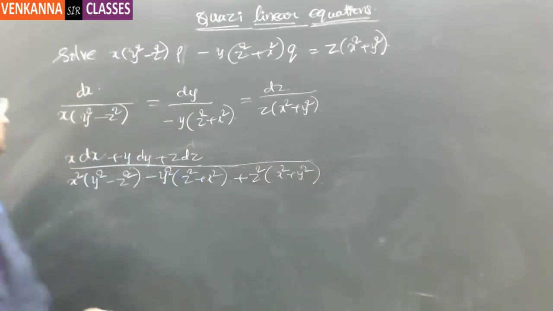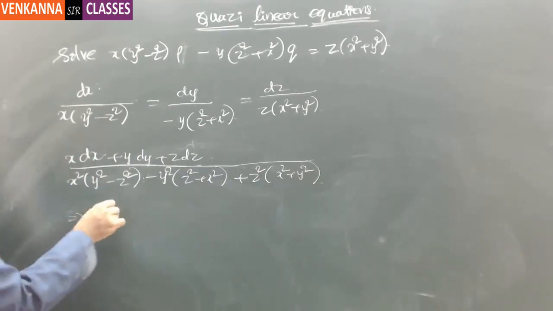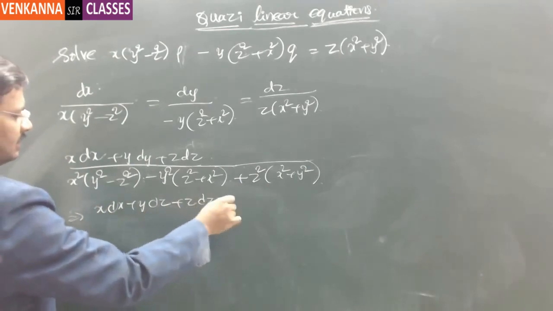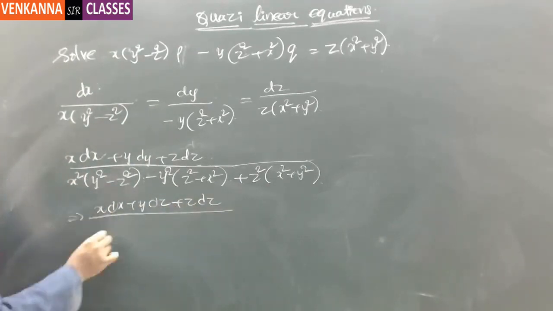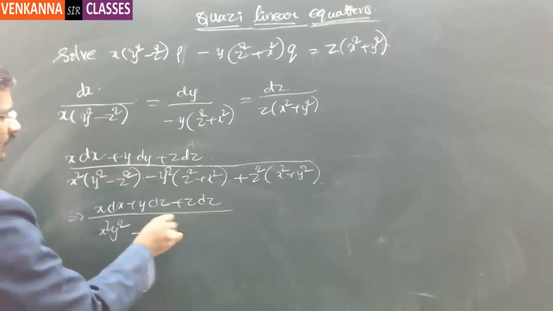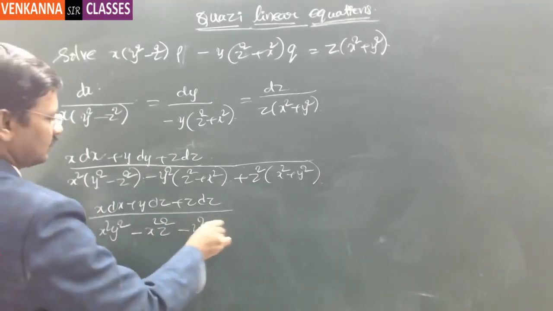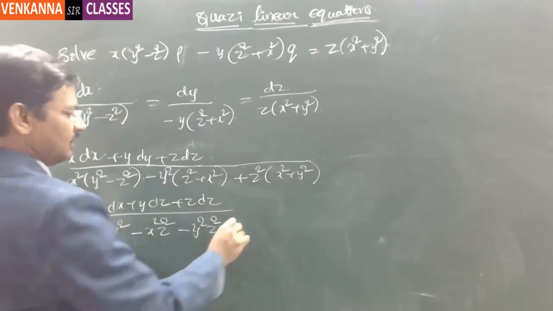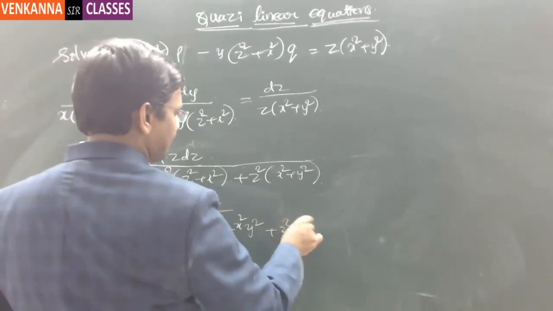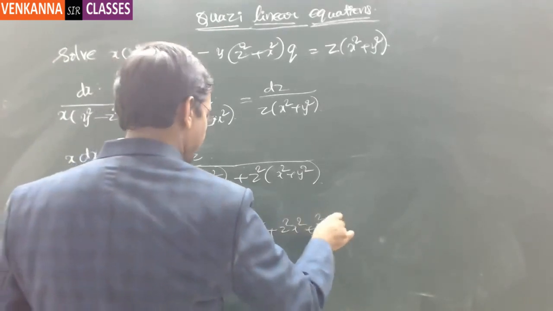So if you simplify it, x dx plus y dy plus z dz divided by, so this is x square y square minus x square z square minus y square z square minus x square y square plus z square x square plus z square y square.